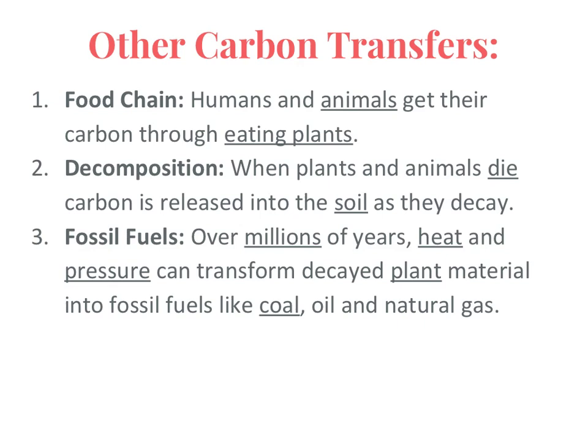Finally, not all carbon transfers are going in and out of the atmosphere. We have some going in and out of other spheres as well, like the biosphere and the geosphere. Food chain explains how people get their carbon. Similar to the nitrogen cycle, we have to take our carbon in through eating, through the food chain. Decomposition, we talked about, adds carbon to the atmosphere, but also releases carbon into the soil, right?